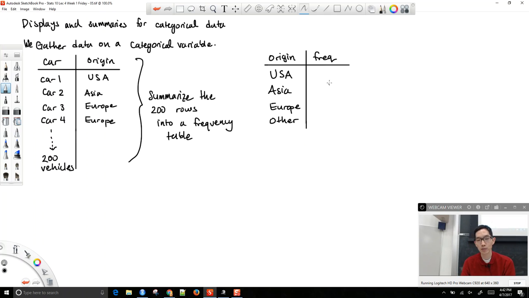With 200 vehicles, maybe we'll say 52 and 95. Now I need to do some math here. 52 and 95 is 147.